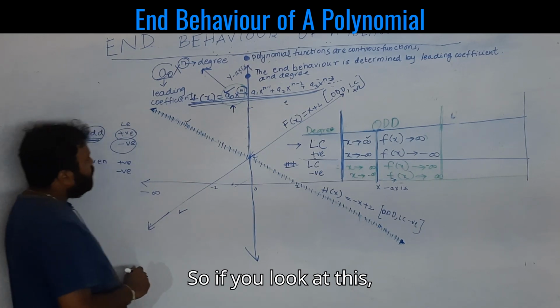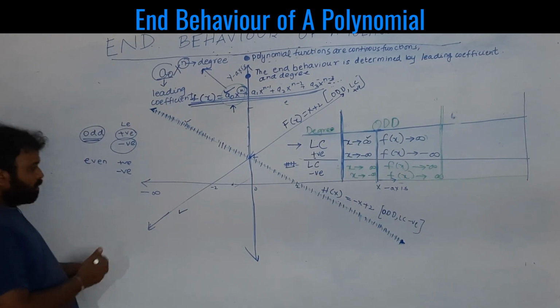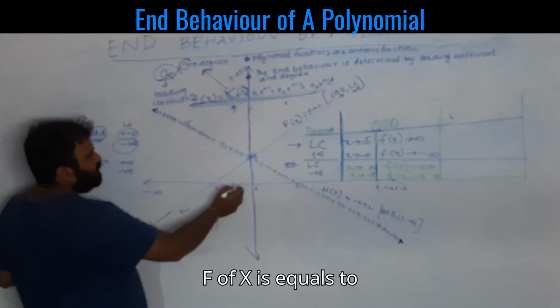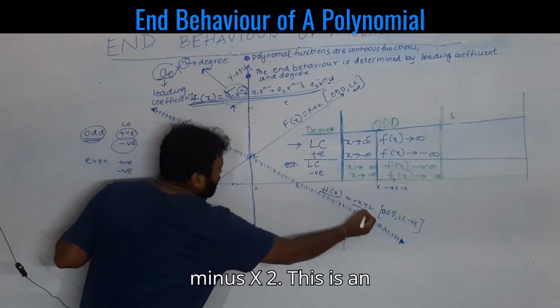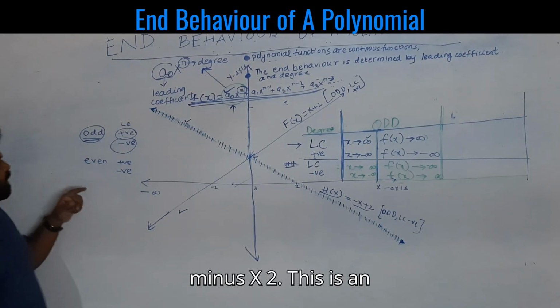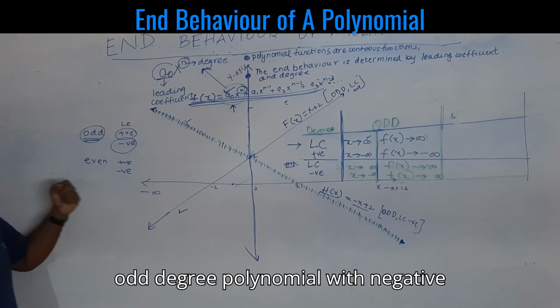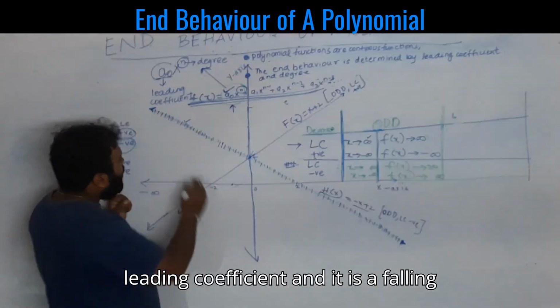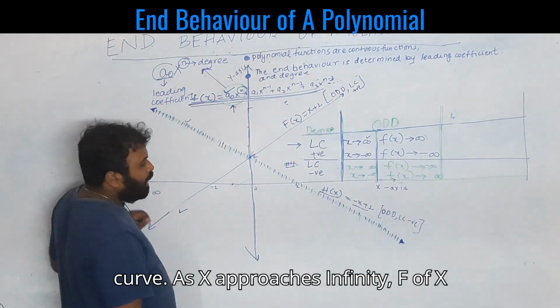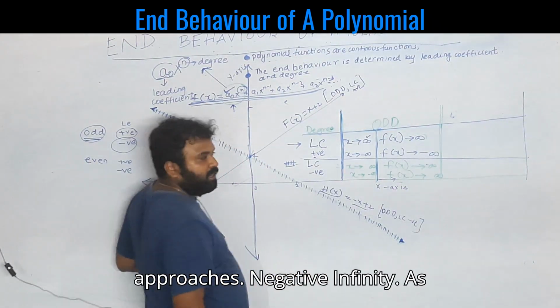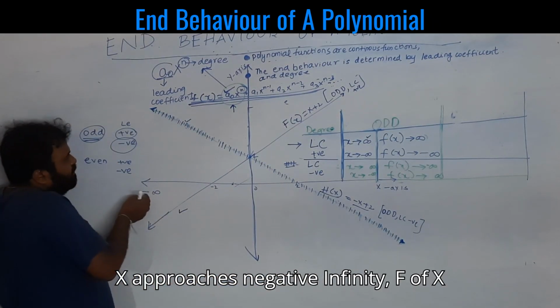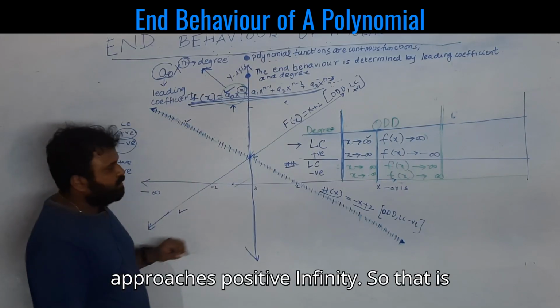Let us take h of x equals minus x plus 2. This is an odd degree polynomial with negative leading coefficient, and it is a falling curve. As x approaches infinity, f of x approaches negative infinity. As x approaches negative infinity, f of x approaches positive infinity.